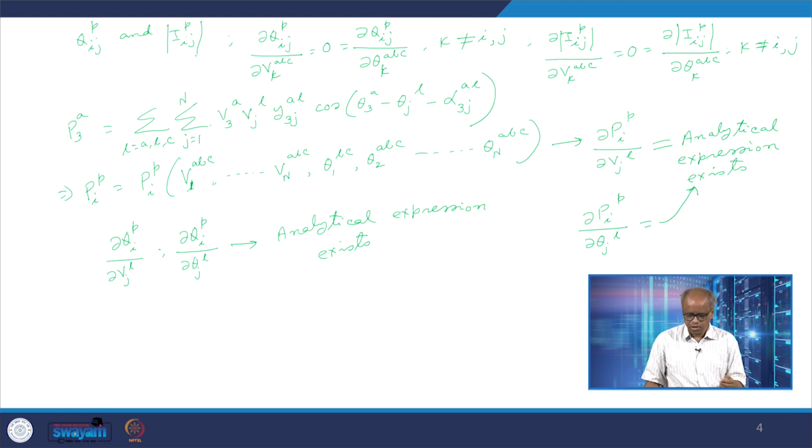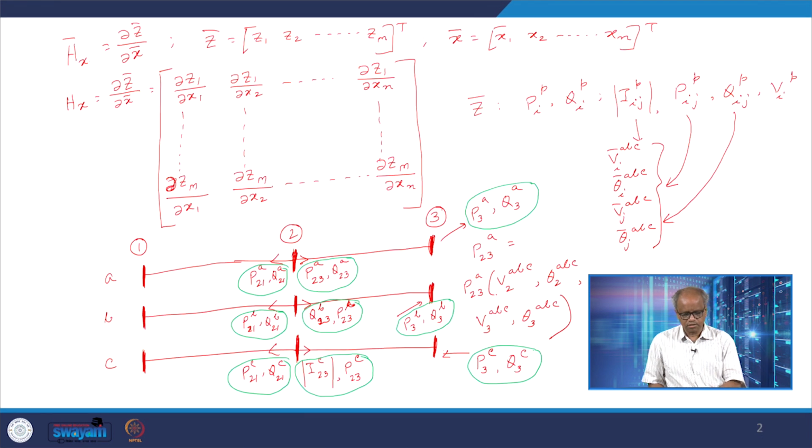For example, to recollect in this system, buses 1 and 3 are not directly connected. So in the overall Y bus matrix, this quantity Y13AA would be 0, because there is no direct connection. So the corresponding elements of the Y bus matrix would be 0, and that particular 3 cross 3 submatrix would be 0.